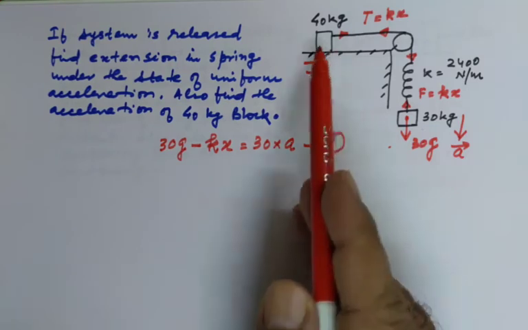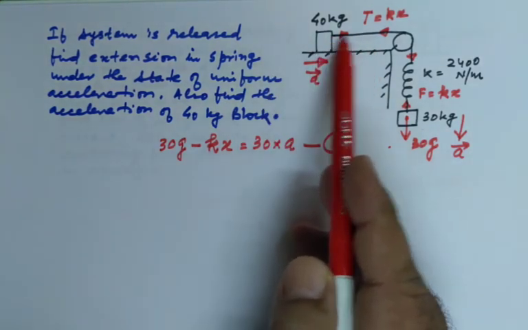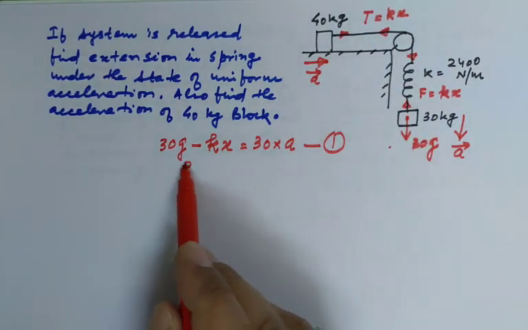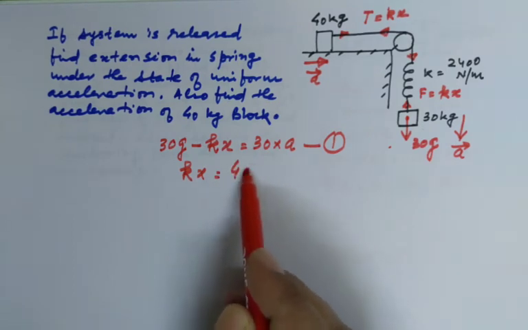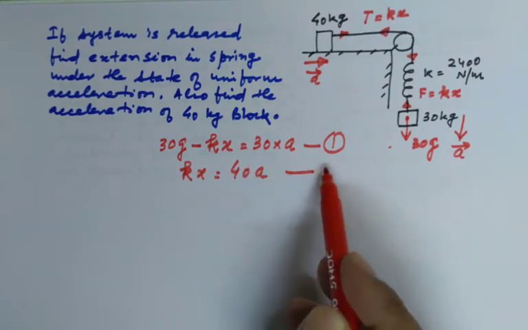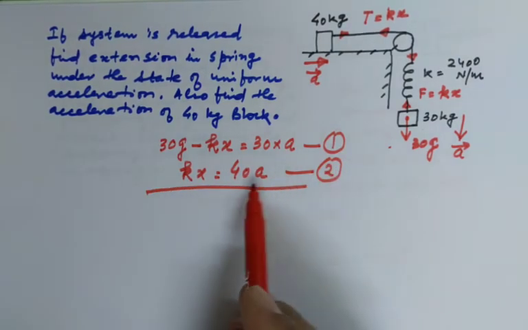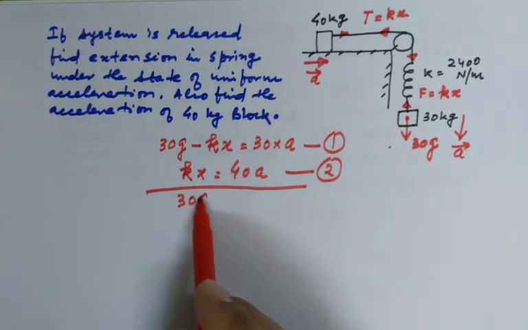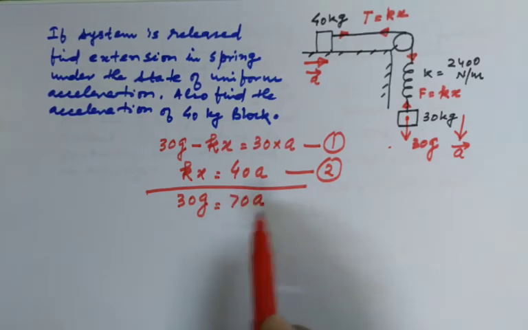Now if we write the equation for the 40 kg block, the only force acting on it is the tension, which is Kx. So Kx is equal to 40A. This is equation number 2. If we add equations 1 and 2, the Kx gets cancelled and we have 30g is equal to 70A.